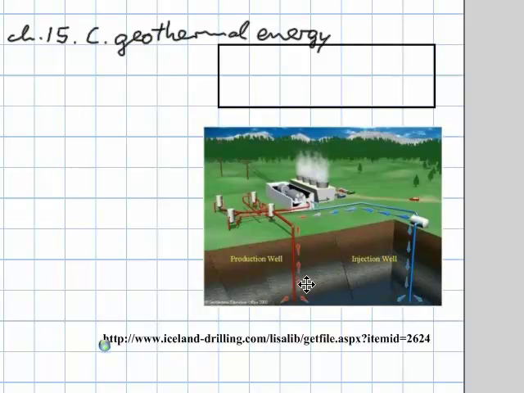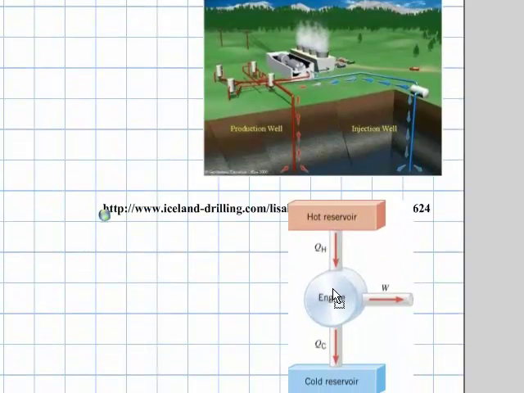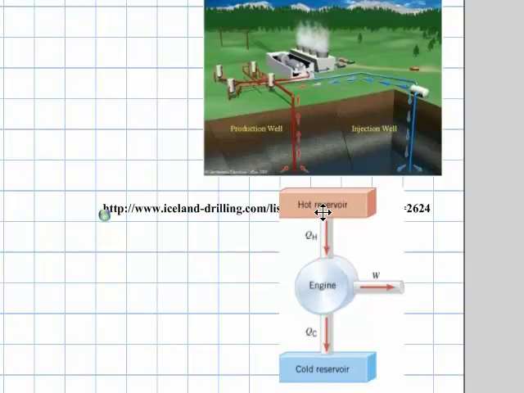So it's kind of a cycle here. So here we have the hot reservoir and the high temperature, and here we have the cold reservoir and the cold temperature. The schematic from the book is this one here. So here we have the hot reservoir, heat goes into the engine, the turbines, work comes out in this case as electrical energy, and then the excess heat goes back into the cold reservoir, and as this one shows, then it starts over again.